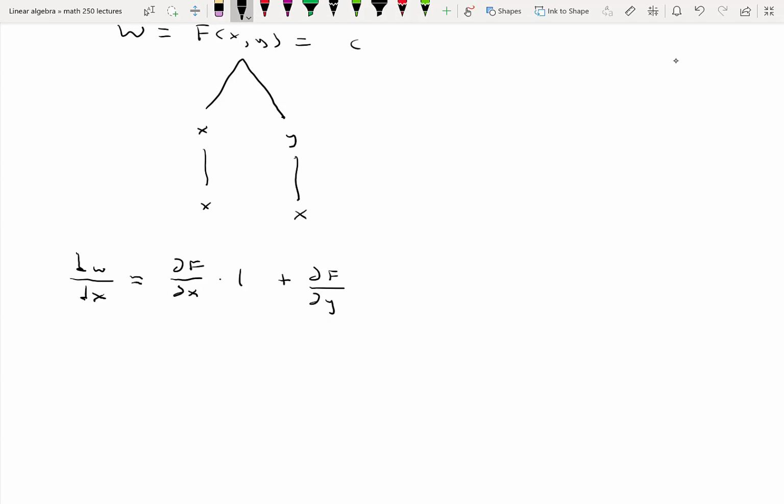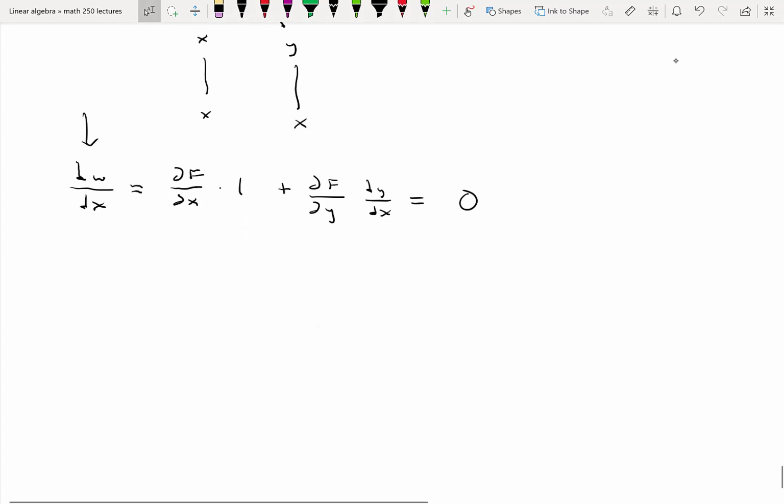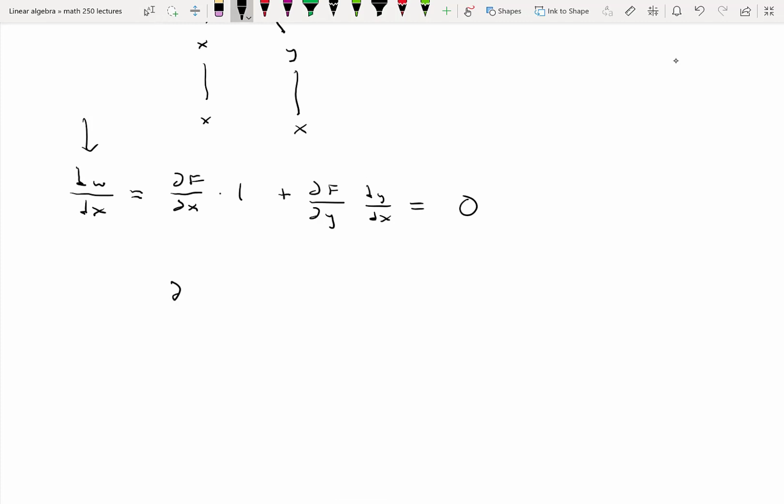Y is a function of x. The partial of f with respect to y times dy dx equals the derivative of w. This is what I'm finding, dw dx. Derivative of a constant is 0. So that gives me this. If I multiply both sides by dx, partial f partial x dx plus partial f partial y dy equals 0.